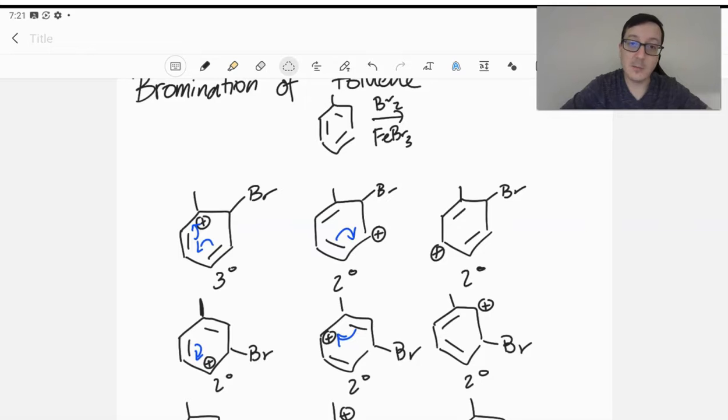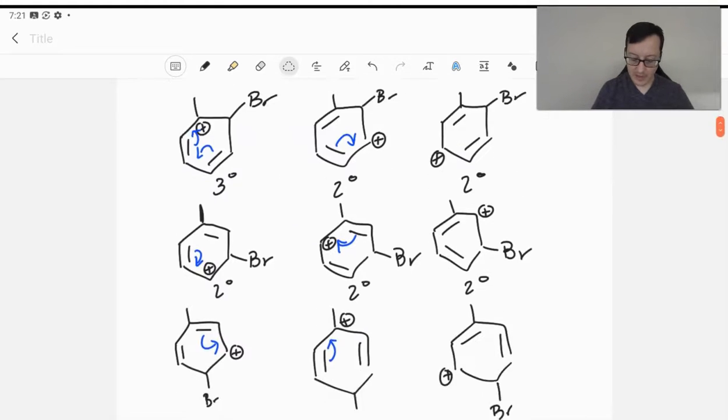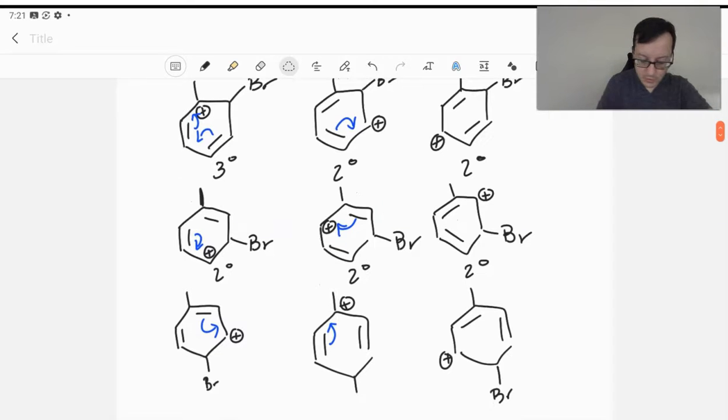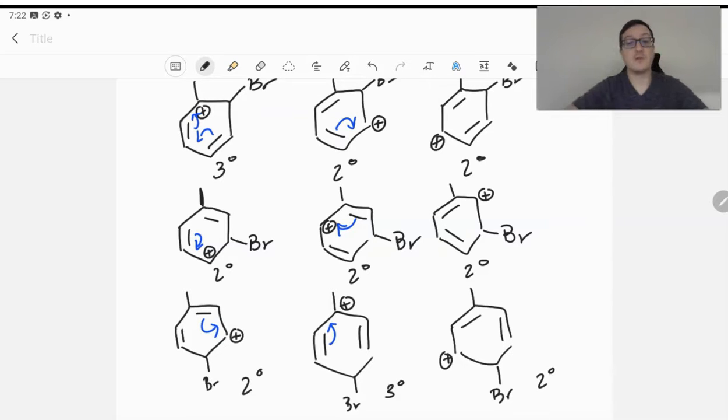If we look at the sigma complexes generated through the meta position addition, all three of these resonance forms are secondary positions. And finally, if we take a look at the para positions, we're going to see that we have a secondary position, a tertiary position, and a secondary position for that carbocation.